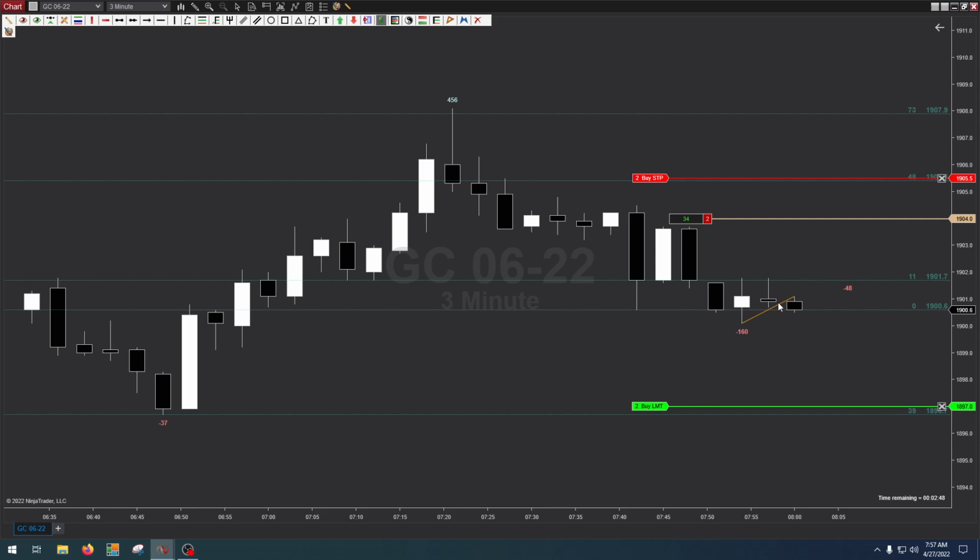Still have not had one of these candles close below this level here. We need to go after this low right here. Another decent negative volume delta on the current move. There we go.